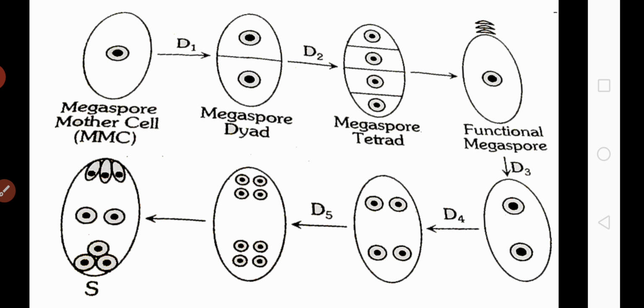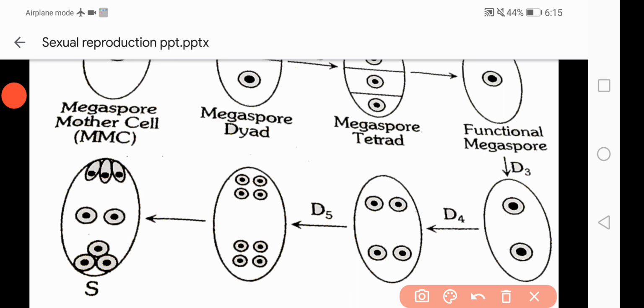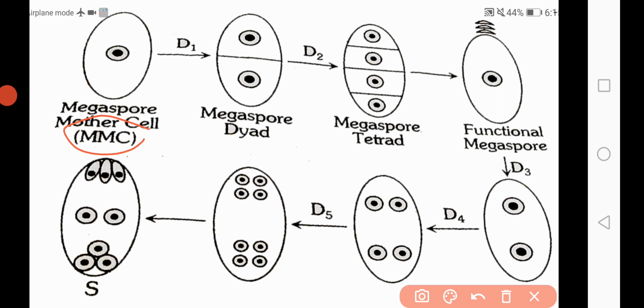So this is the picture of megasporogenesis as well as the formation of the female gametophyte. This is the megaspore mother cell which is formed from the nucellus tissue. Later on it undergoes meiosis. As a result, a megaspore tetrad is formed, 4 megaspores.